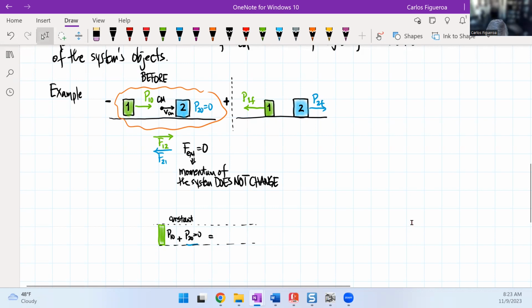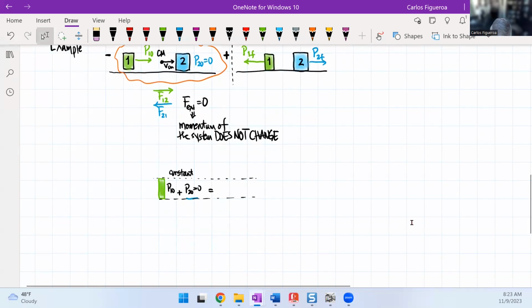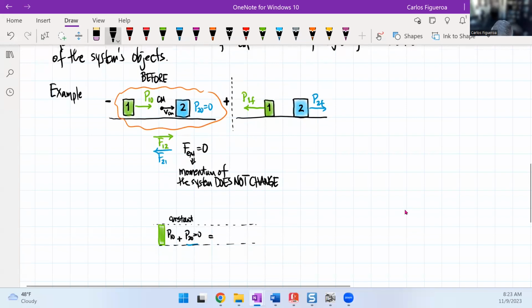So now what happens here? What happens here is that if you look at the green, block 1 is moving in the negative direction. So what happens here is that now P1 is negative. And because it's negative, then that means that P1 final is going to be like this.